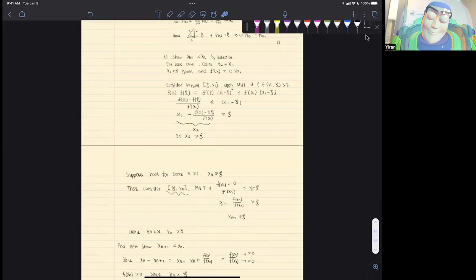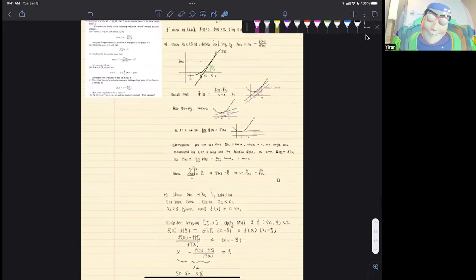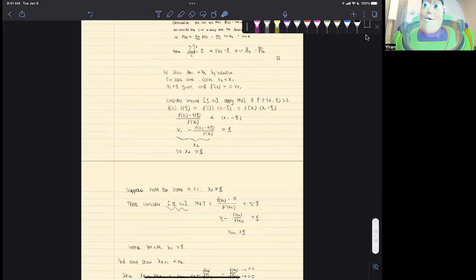And we need to do it for n. So suppose we have x(n) that is larger than c. Our claim is that we're not directly tackling x(n+1) smaller than x(n), but we're actually tackling x(n) is larger than c for every n.